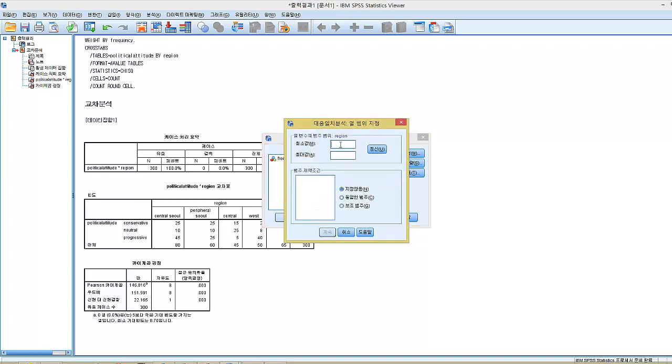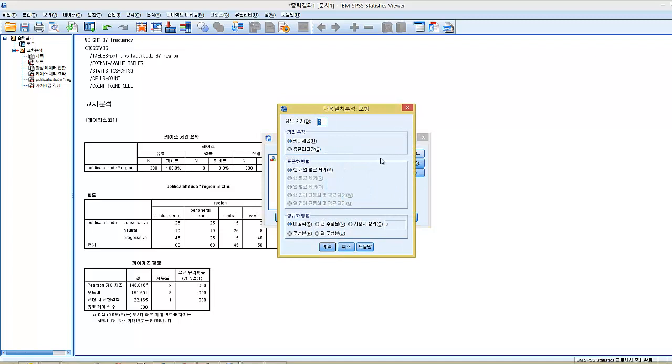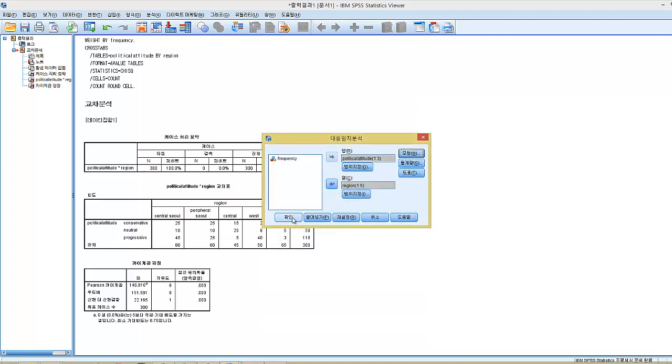And for region, we take all 5. In fact, there is an option to analyze the chi-square test directly from correspondence analysis. From next time, you can directly use this analysis also to see whether there is a dependency between 2 variables. Let's click OK.